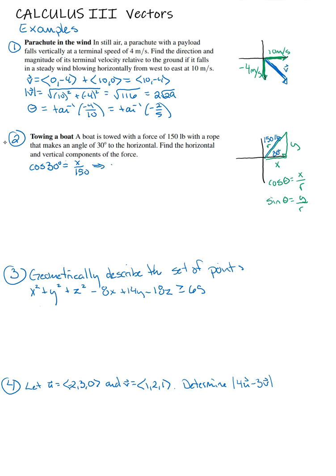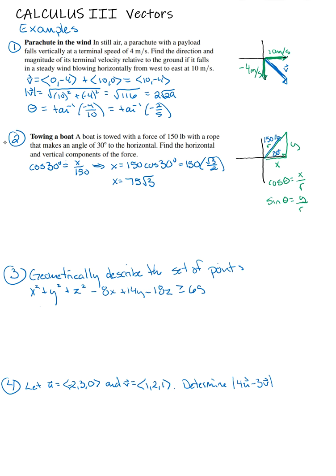This tells us that x is equal to 150 times the cosine of 30 degrees. But we know the cosine of 30 degrees. Hopefully that's the square root of 3 over 2. And so we can reduce this and we get 75 square root of 3.